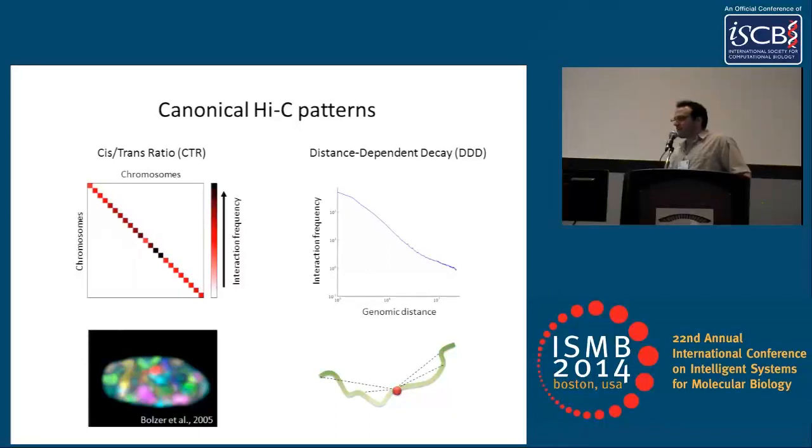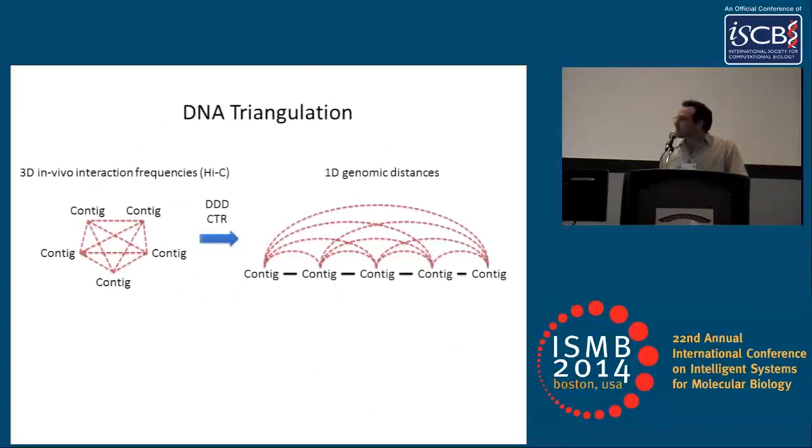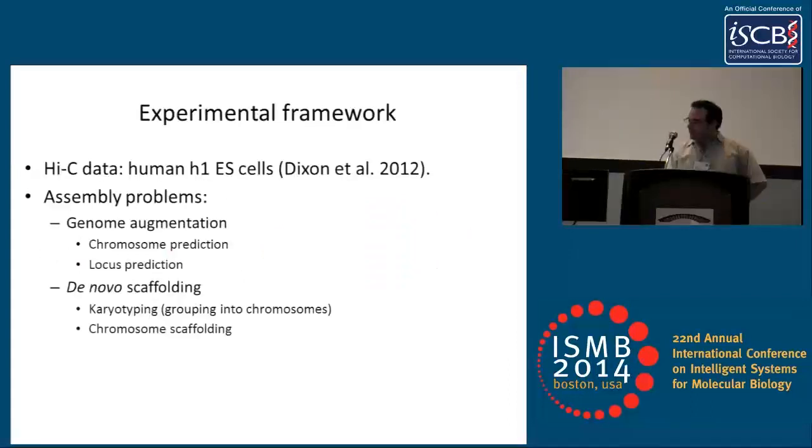And now the idea is that this gives us some link between 1D and 3D. Okay? So we have this approach we call DNA triangulation, and the idea now is to measure Hi-C, map it to the set of contigs, and now we have interaction frequencies between these contigs. And now we can use our knowledge of how interaction frequencies relate to 1D distances in order to resolve this into a scaffold. So this is the basic idea.